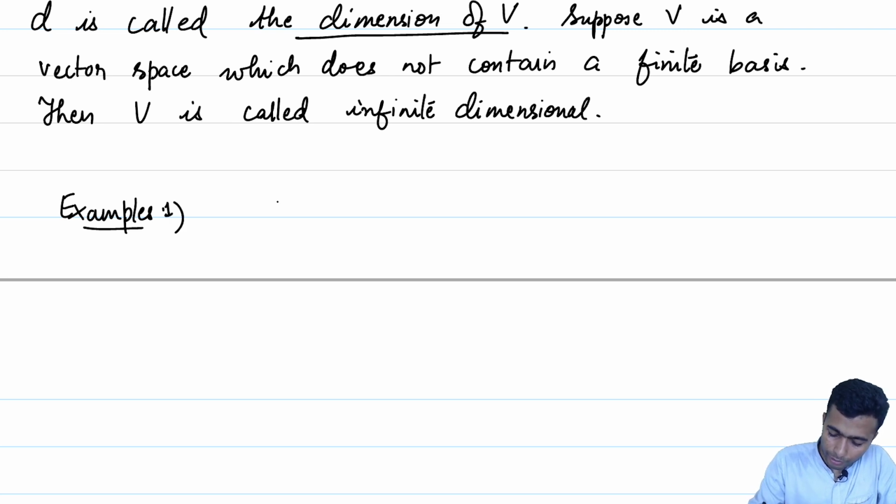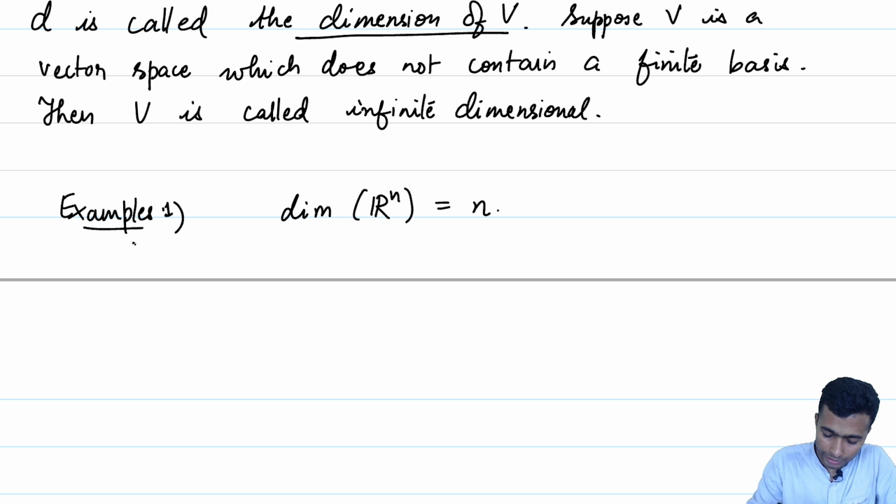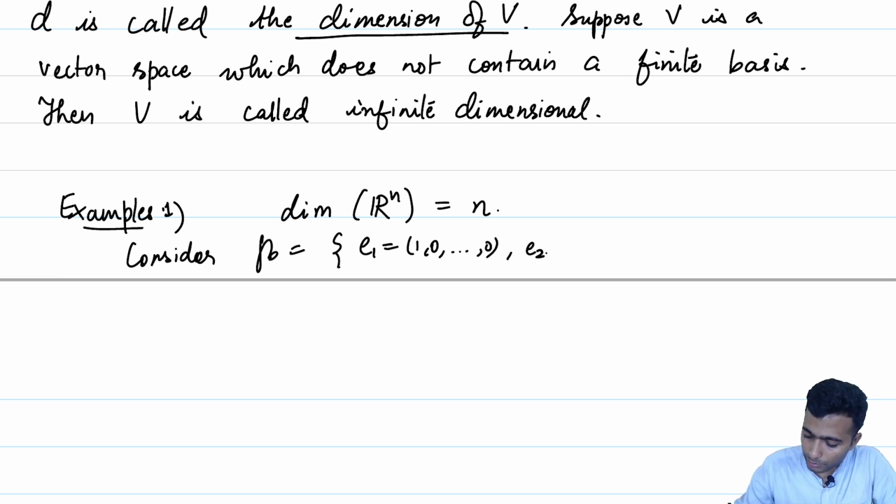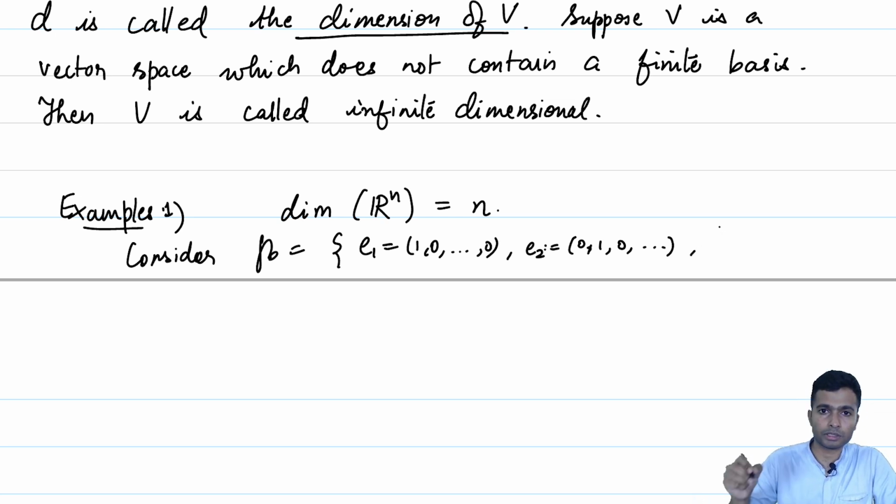Maybe the first example could be of Rn. Dimension of Rn is equal to n. Why is that the case? Consider beta to be the standard basis, the set given by E1 equal to 1 0 0 up to all zeros later, E2 is equal to 0 1 0 and so on, E3 with 0 everywhere except in the third coordinate, which will be 1, and En is equal to 0 up to 0 comma 1.